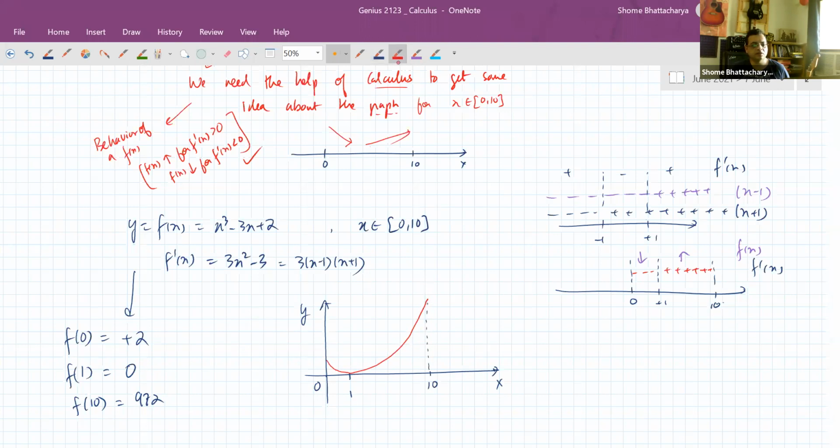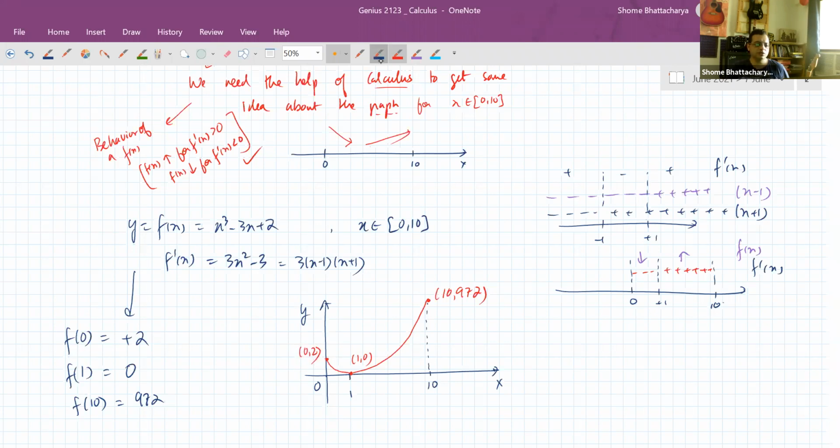Okay. But this point over here should have coordinates of 10, 972. This point should have coordinates of 1, 0. And this point should have coordinates of 0, 2. Okay.